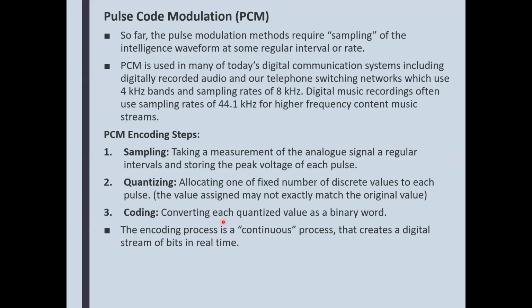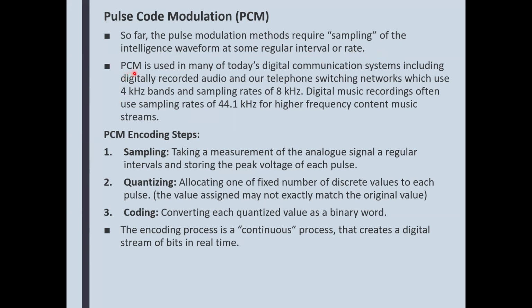Pulse code modulation. All right. So far, the pulse modulation methods require sampling of the intelligence waveform at some regular interval or rate. So we know that we need to sample things regularly at some constant rate.